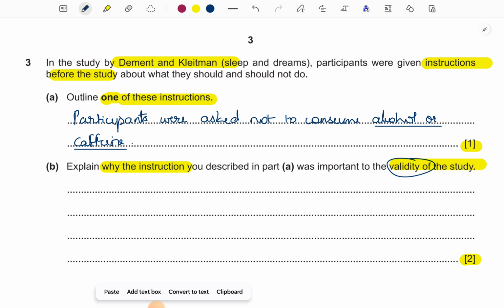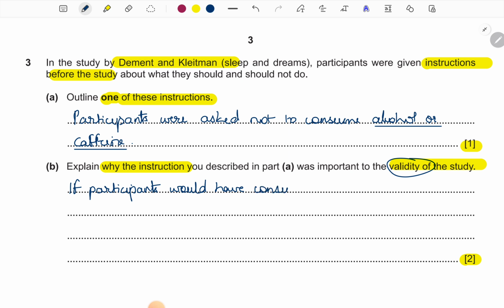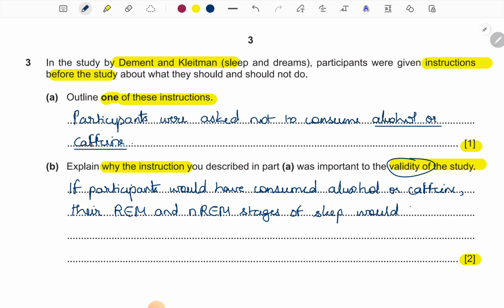So how we can write it is, we can always write in counterfactual terms for these type of answers. If participants would have consumed alcohol or caffeine, their REM and NREM stages of sleep, you could even just say stages of sleep, would have been disrupted.